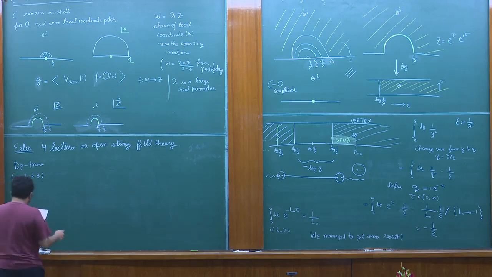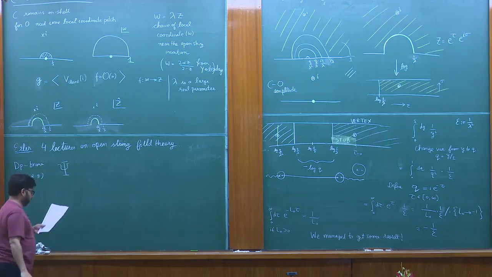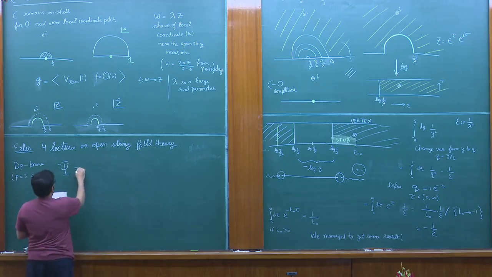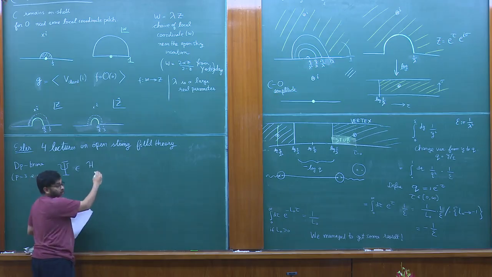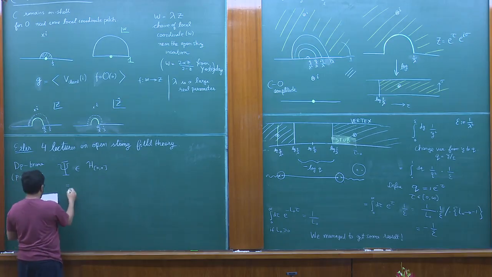Okay, so the first thing you do is write a string field, this capital Psi. What is it? It's a vector in the Hilbert space on the interval from 0 to pi. So it's some vector in that Hilbert space that we were discussing, and it's expanded as the following.